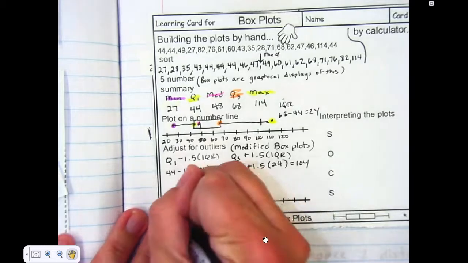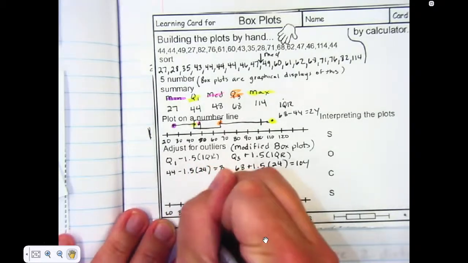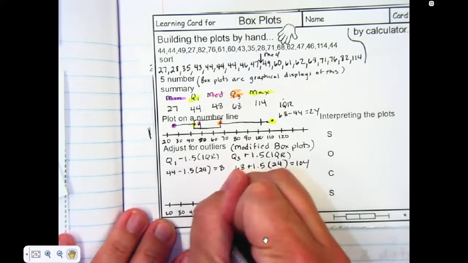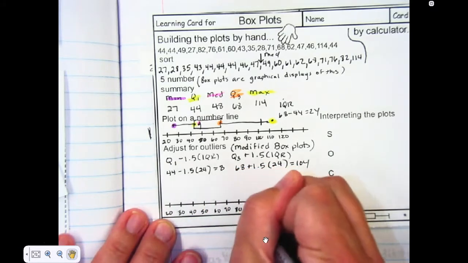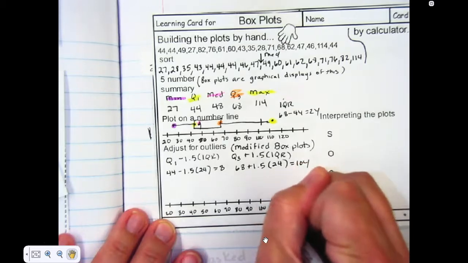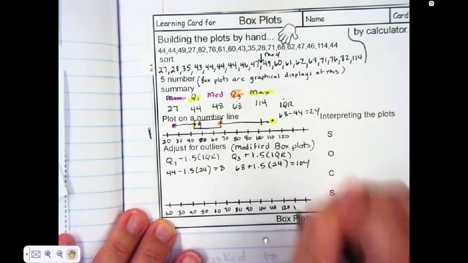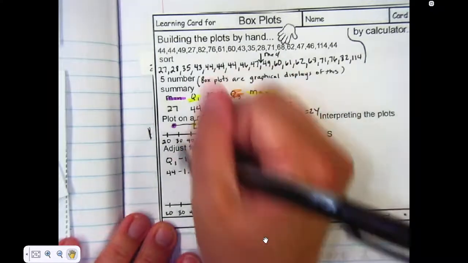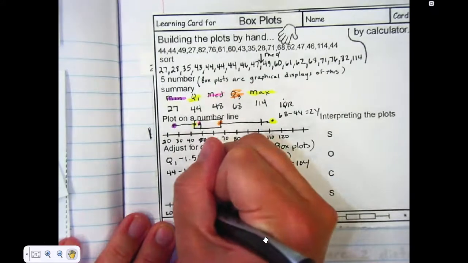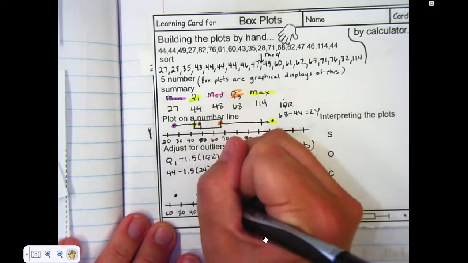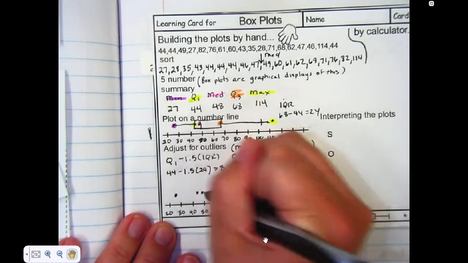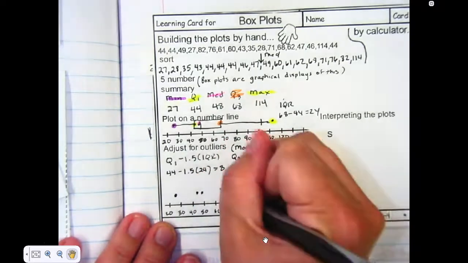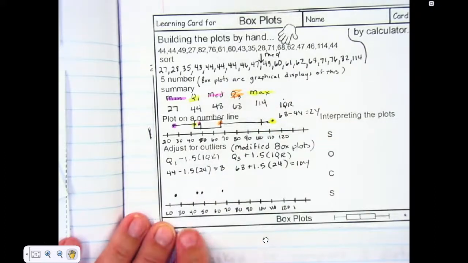I'm going to number this again: 80, 90, 100. Everything's going to be the same to start off with. My minimum stays in the same spot. My first quartile, median, and third quartile haven't changed.